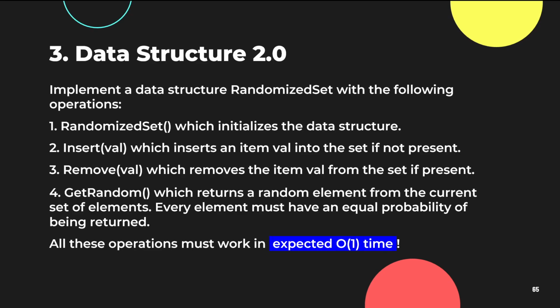As I mentioned, this is expected O(1) as long as your hash map is reasonably full. There is a specific problem called the birthday problem, if you have heard of it: in a group of how many people is the probability that two people share the same birthday about 50%? You can search for it.